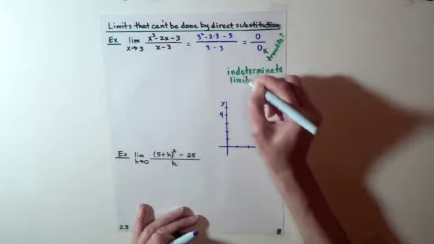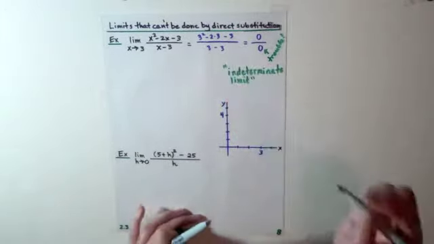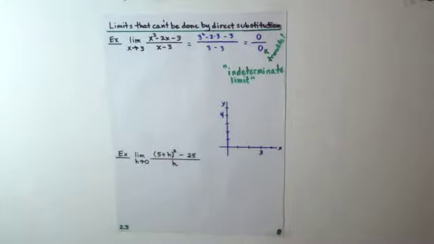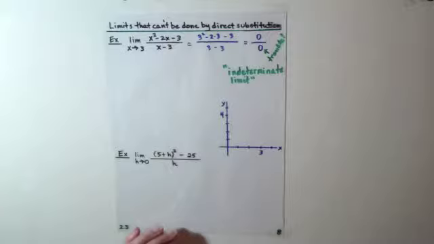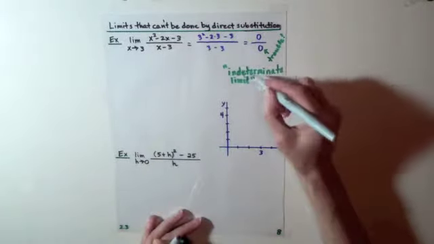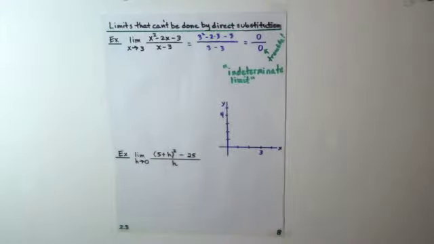That is the technical term for it. And what that means is not that we can't determine what the limit is, but we cannot determine the limit in the present form that we're given, that we have to do a little bit of work to figure out what the limit is. So this is referred to as an indeterminate limit. That is the technical term.